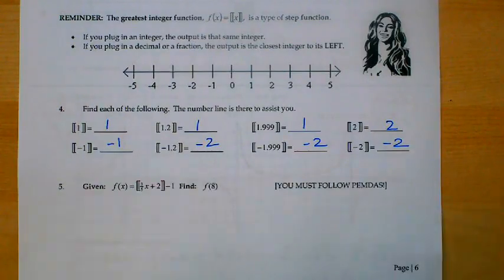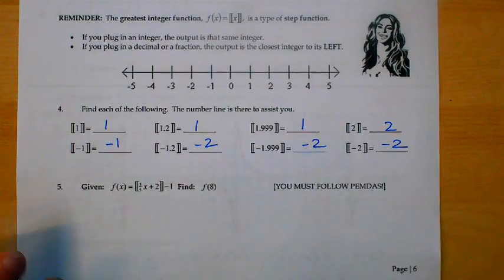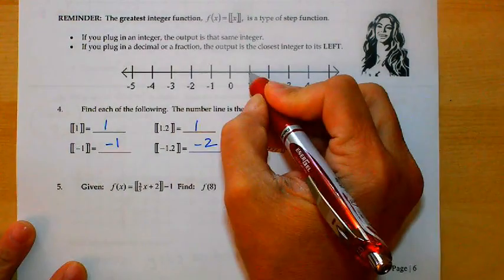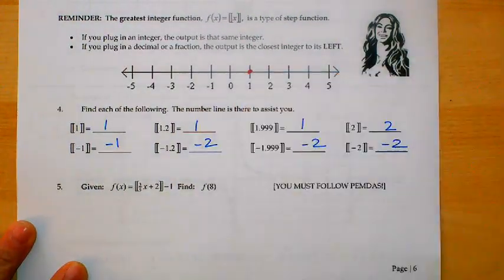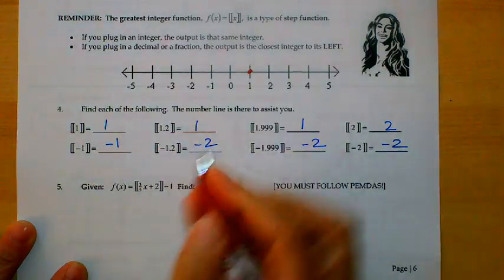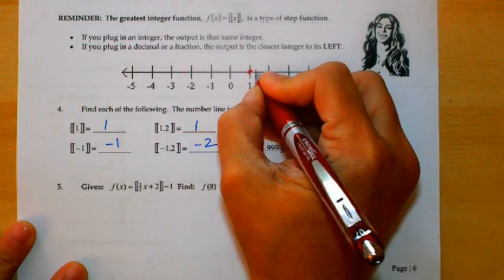So we've got a couple answers here, and just to go over a few of them to make sure we understand why, let's think of the value 1. 1 appears at an integer, the output is the same integer. But when we try 1.2, maybe just a little bit here, that is not an integer.